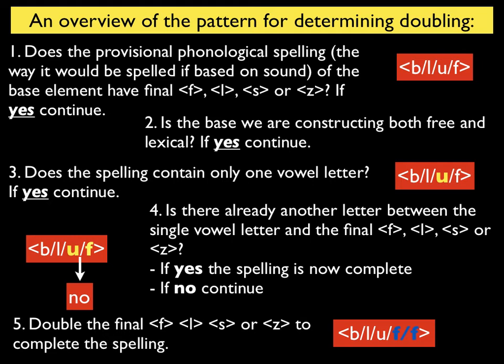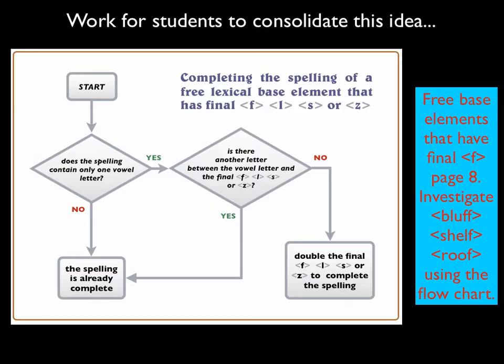There is none, so we continue. If there isn't a letter between the vowel and the final F, L, S, or Z, then we double it. And that's how we come to the complete spelling of B-L-U-F-F. This is maybe an easier way to consolidate this idea, and this is also on the server. This is a flowchart that Melvin put together that helps analyze whether or not you would be doubling the letter at the end.